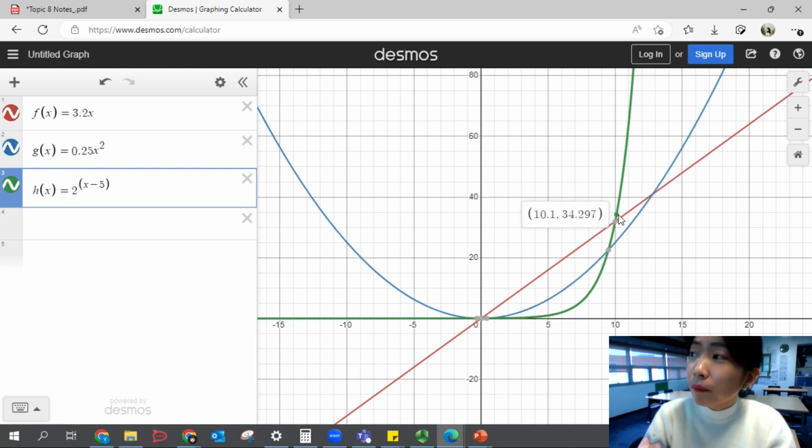So there we go. Right at 10, they're the same. City A and city C's population will be the same. And if you go slightly over 10, then that's when city C begins to have more population than any others.